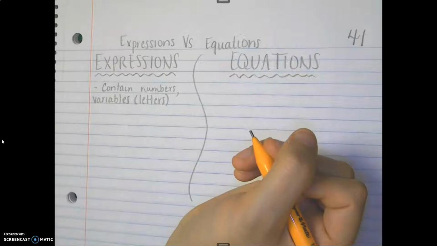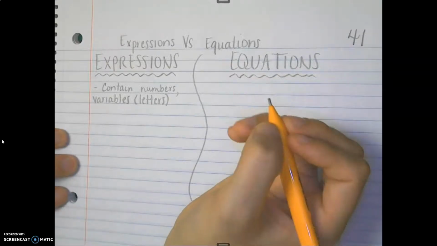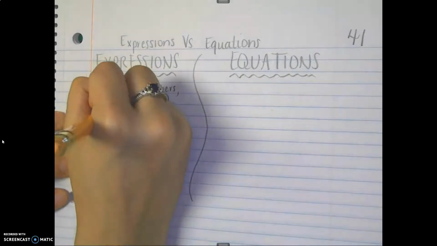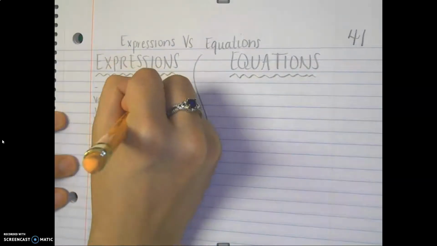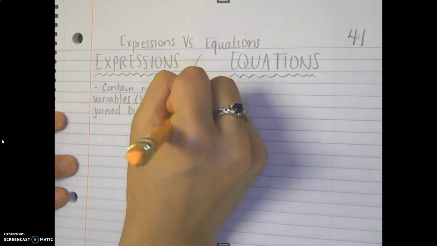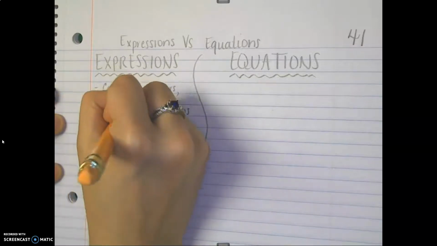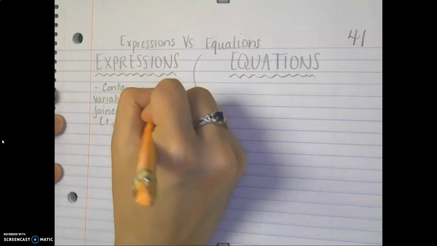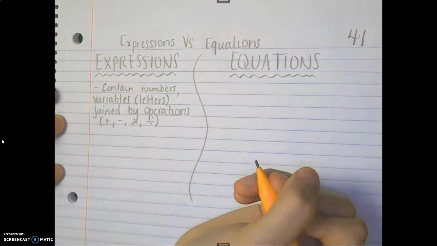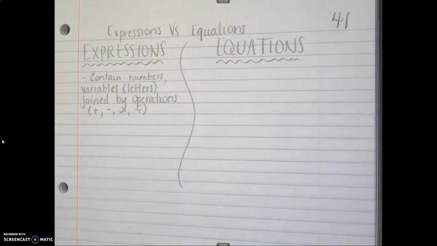We don't know what the value is, so they use letters. And they are joined by operations. And my operations are adding, subtracting, multiplying, and dividing. So numbers and letters that are joined by our operations.